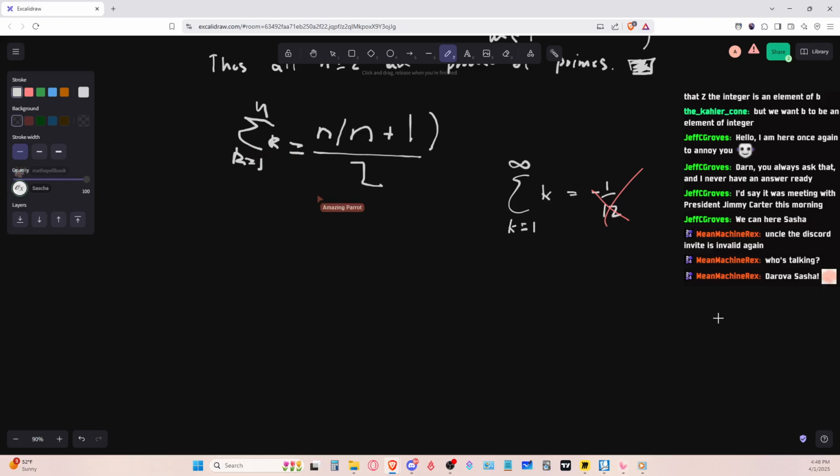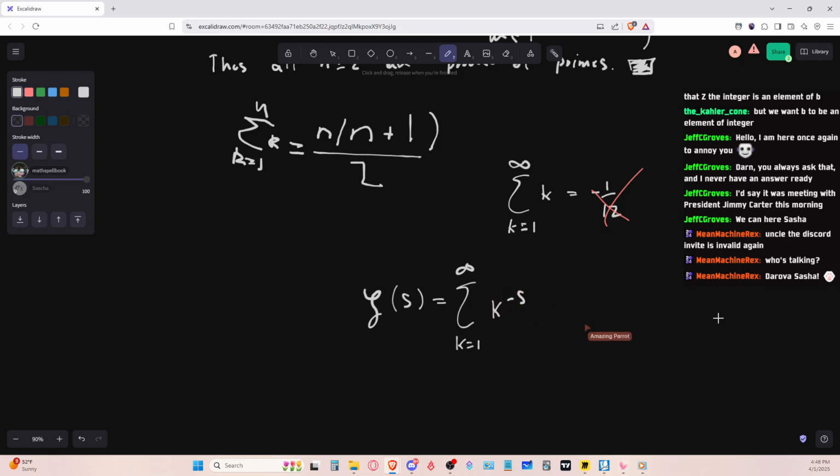So we can define a function which we call zeta. If I remember correctly, its original definition is something like the sum of k to the minus s.